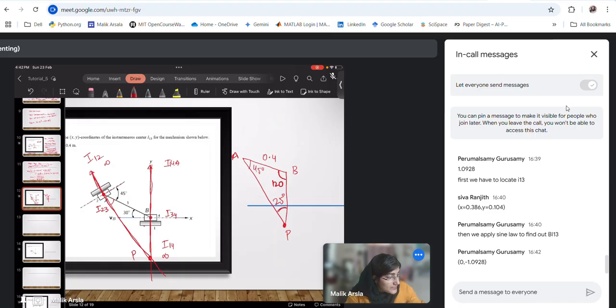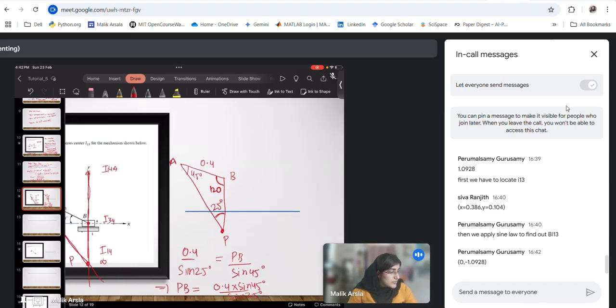So 0.4, which is basically AB, upon sine of 25 degree, is equal to PB upon sine of 45 degree, right? From here you can calculate PB equal to 0.4 into sine 45 degree upon sine 25 degree. Now I have calculated it. It is coming out to be 1.09 mm. Okay, which was your answer also.